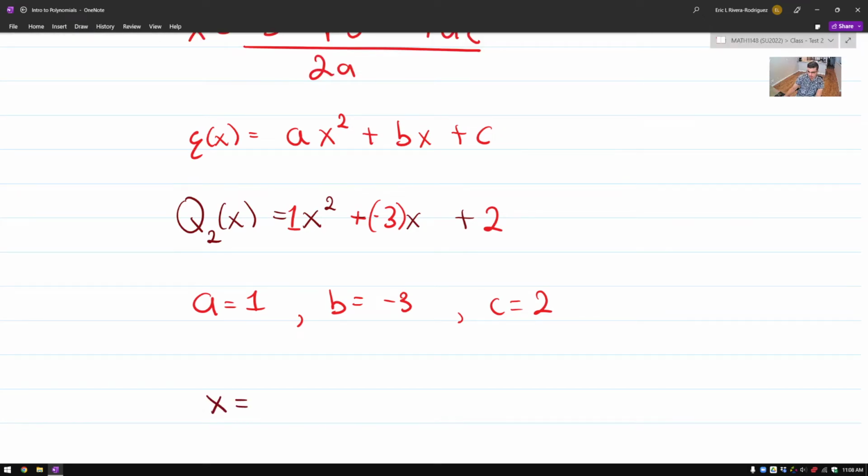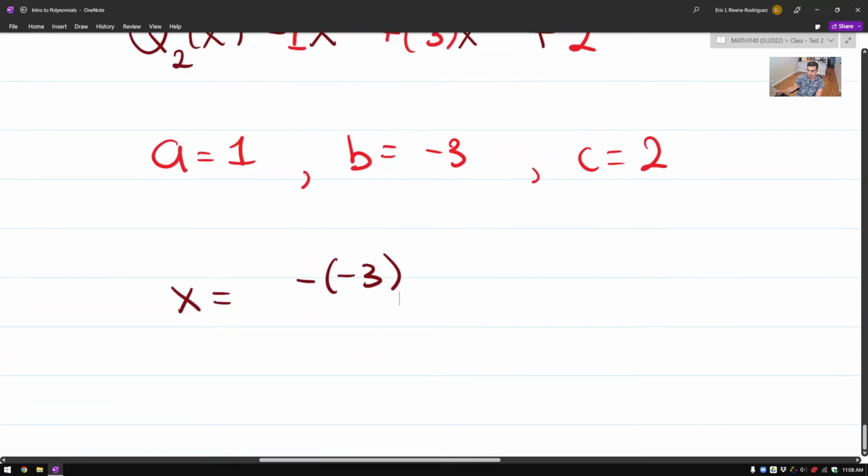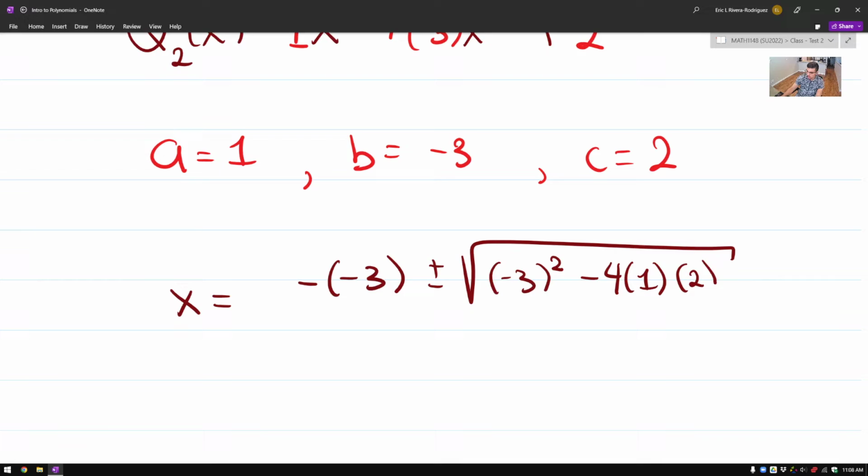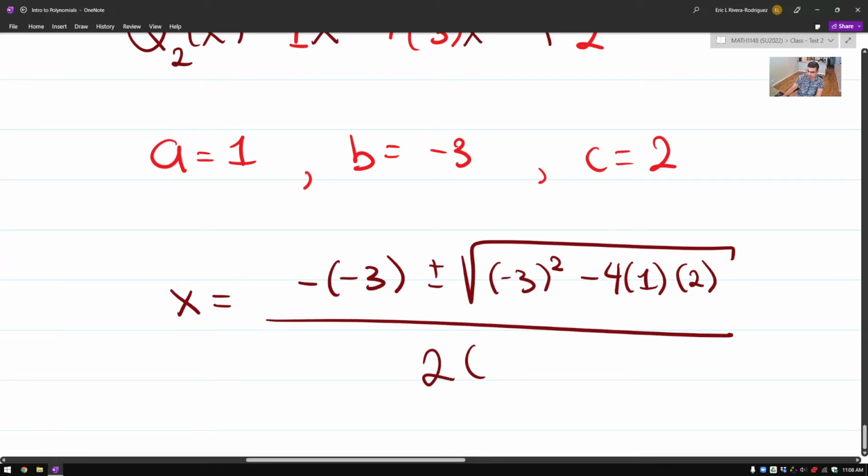So x equals minus negative 3 plus or minus the square root of 3 squared minus 4 times 1 times 2, all over 2 times a, which is just 1.